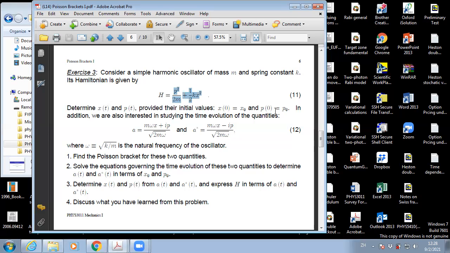Ying Chen asks, why is the absolute value of A(t) equal to the absolute value of A naught?